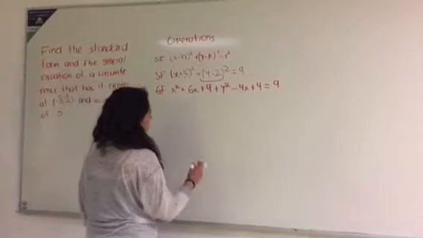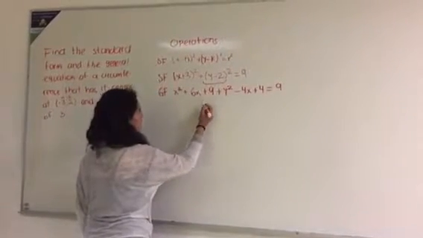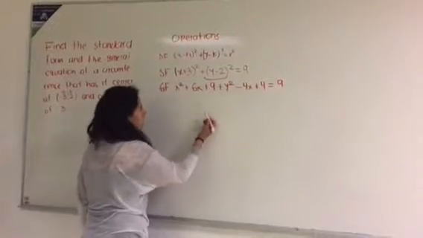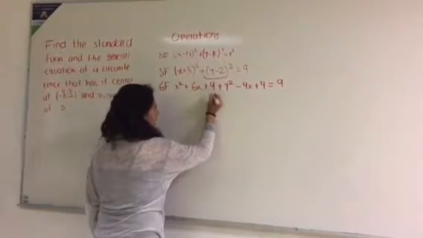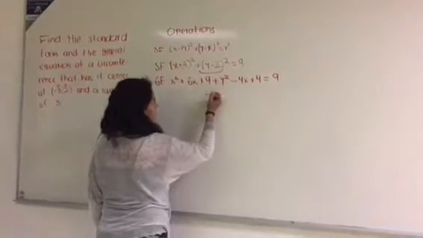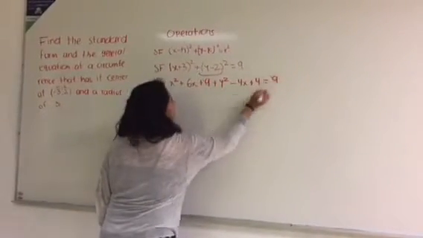Now we have to order this and make sure to pass this to this side. As we have here plus 9, and this is going to pass here like minus 9, we can say that this is going to be cancelled.